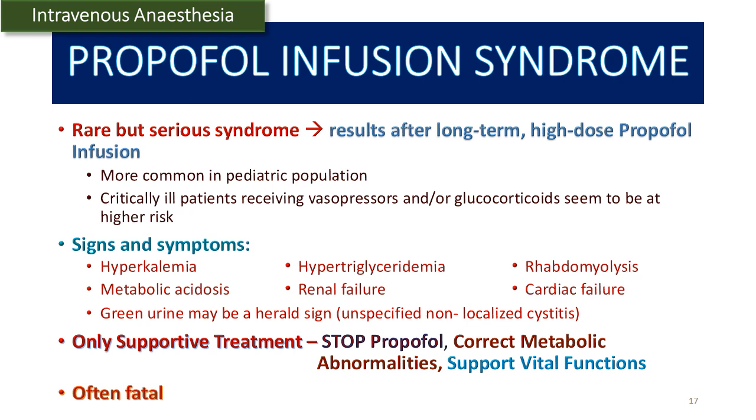The signs and symptoms are hyperkalemia, hypertriglyceridemia, rhabdomyolysis, metabolic acidosis, renal failure, cardiac failure, and green color urine may be a herald sign, which is unspecific for non-localized cystitis.